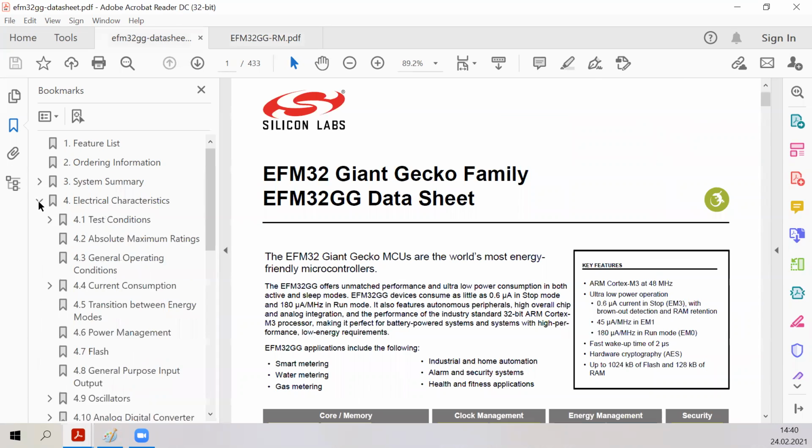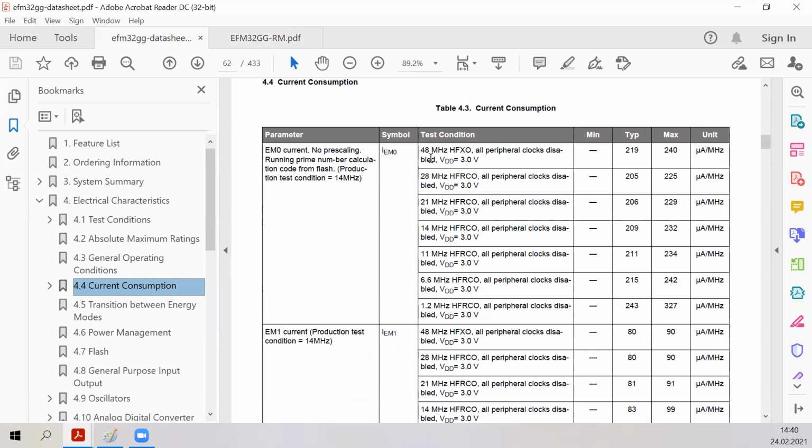Here is electrical characteristics, current consumption, and here we can see that at different frequencies, we have different power consumption data, and this shows how many microamps per megahertz we have. For example, when we turn on the microcontroller by default, it runs at 14 megahertz from high frequency RC oscillator, and it consumes approximately 209 microamps per megahertz.